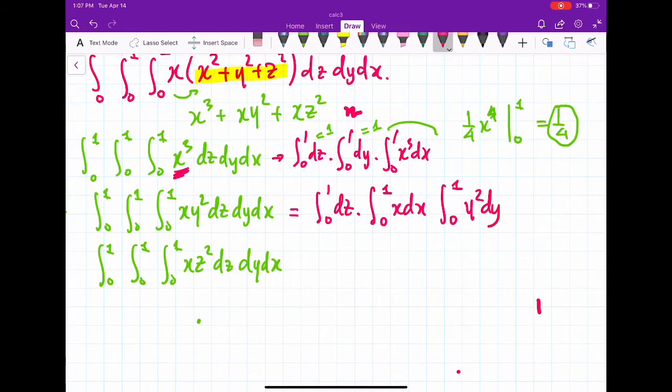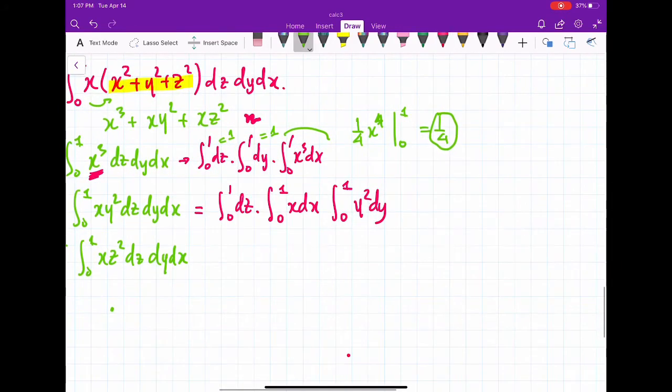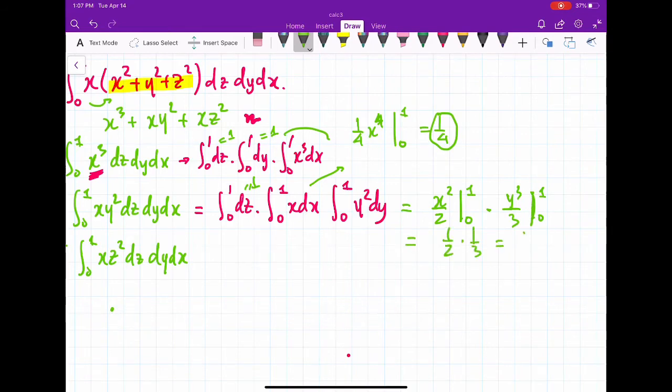The first integral is just 1. The second one is x squared over 2 evaluated from 0 to 1. The next one is y cubed over 3 evaluated from 0 to 1. So this is nothing but 1/2 times 1/3, which is 1/6.